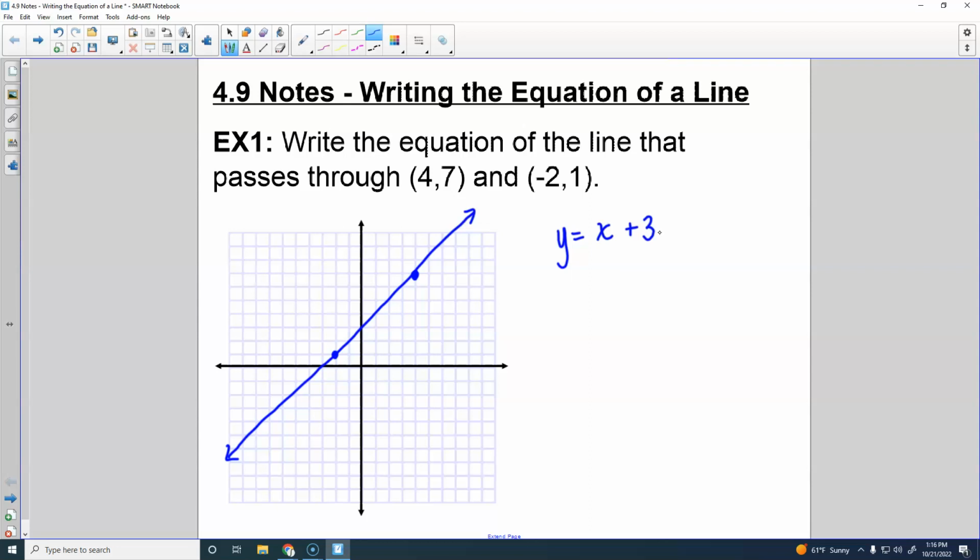But as we're doing these, I want us to be able to do them algebraically as well. Now, a few of you were working ahead of me yesterday, and I gave you that equation and then that assignment on Delta Math, and then I realized that was doing point slope instead of slope intercept. So I'm not going to teach you how to do point slope, although point slope does work.